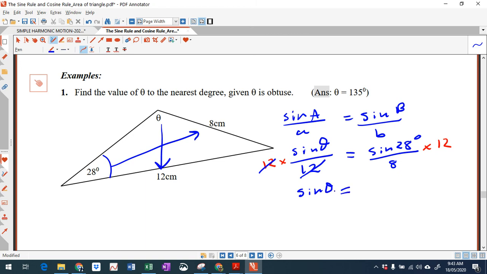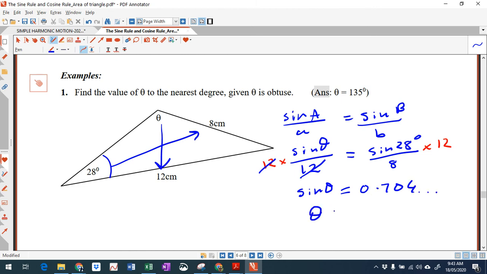Sine theta is equal to, let's work it out. So you're going to have sine 28 degrees over 8, times by 12. So you're going to get 0.704 dot.